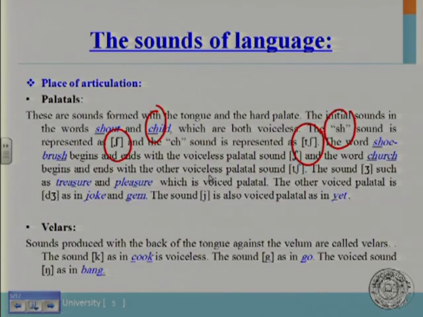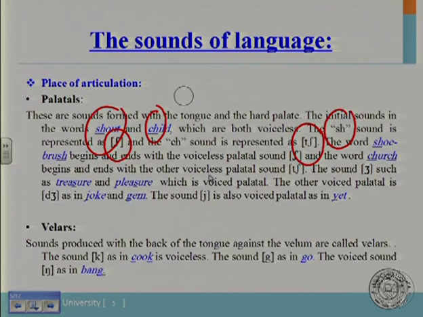Child. You can feel that there is a t sound before sh. It's ch. We have sh and ch. Sh as in shot, but ch as in child.